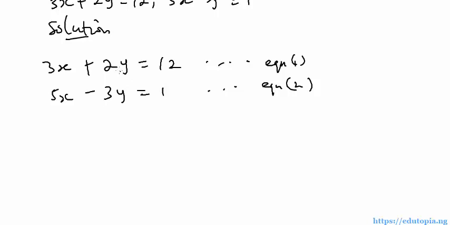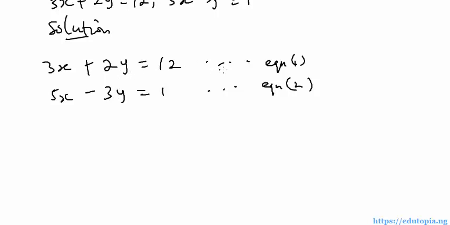What you do is multiply equation 1 by 3, the coefficient of y in equation 2, because if you remember, when I started, I was talking about eliminating, getting rid of the unknowns by making its coefficient the same in both equations. Because now the coefficient of y here is plus 2 and the coefficient of y here is minus 3, so we're trying to make them look the same.